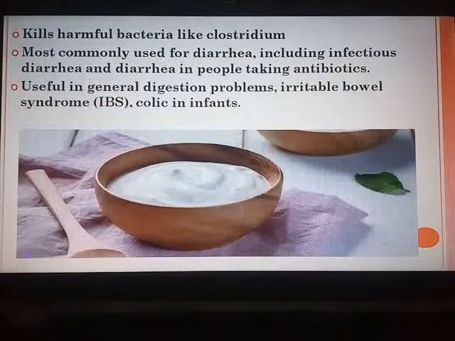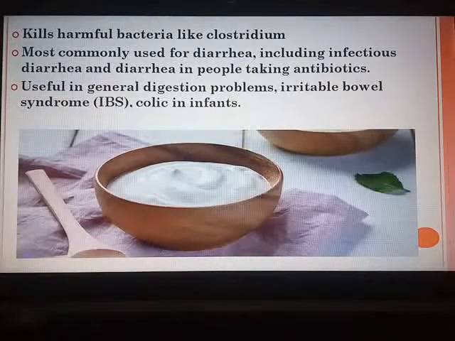What do you mean by colic? Colic is a situation in small infants where they just go on crying for no reason. Somewhere they are facing some abdominal discomfort which they cannot tell, but they express it in terms of constant crying, and then some companies have brought some probiotics, like gripe water, into the market, which is very useful in this case.